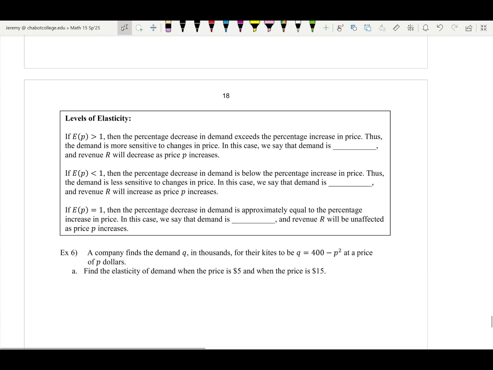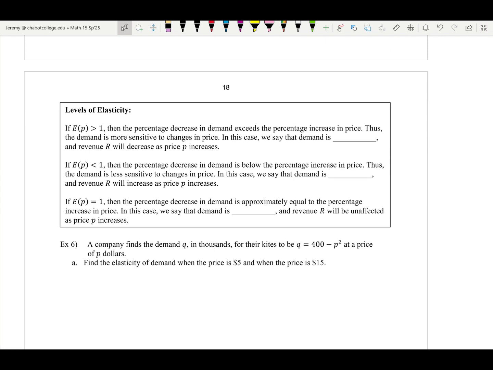So that's what we're looking at here in levels of elasticity. If E of P is greater than 1, then the percentage decrease in demand exceeds the percentage increase in price. Thus, the demand is more sensitive to changes in price. In this case, when E of P is greater than 1, we say that demand is elastic.